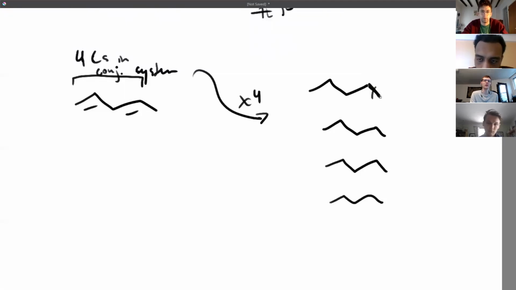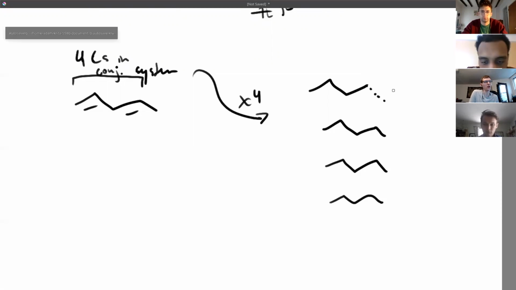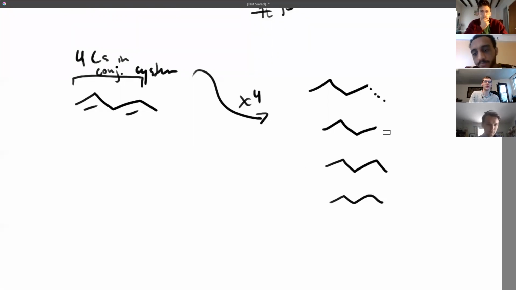Would it be safe to just draw it as kind of like a butane? Yeah, in terms of working out this problem, it would be, because whatever is on that end is really not involved, as long as it's not any other double bond stuff that's able to conjugate.